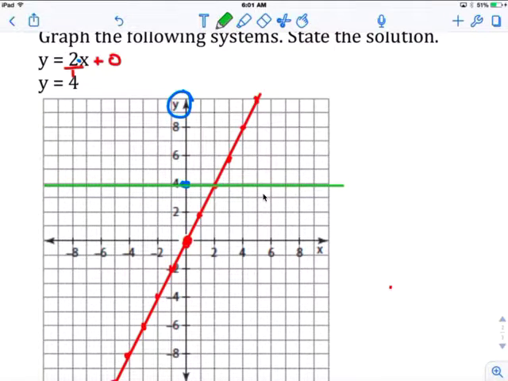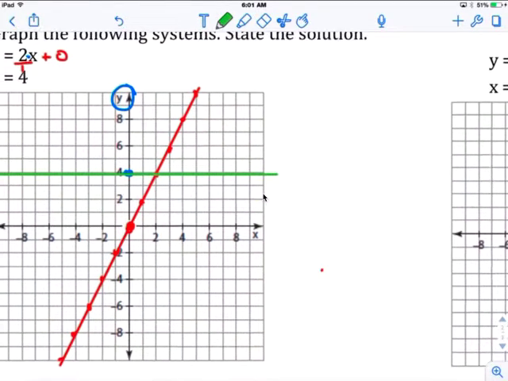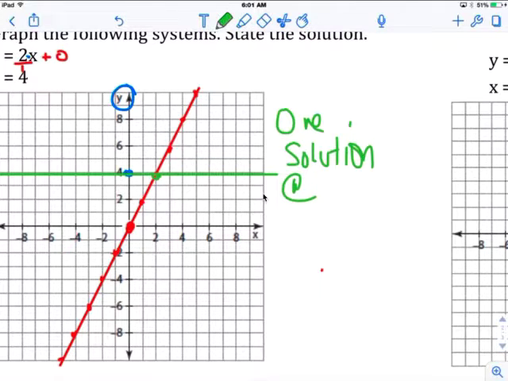Okay? So, what's the solution? This is called one solution, and that solution is at 2, 4.